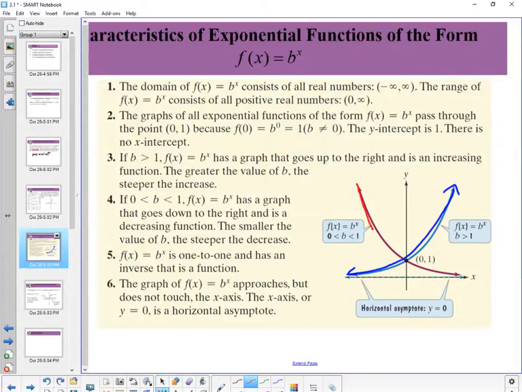This is what the values that are between 0 and 1 look like. Blue one is all the numbers that are greater than 1. Questions on that? What are the domains here for either one? Negative infinity to infinity. What about range? Parentheses 0 to infinity.